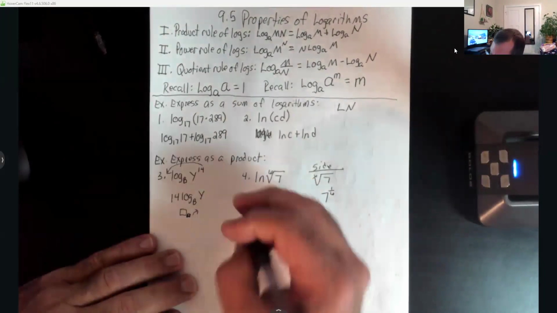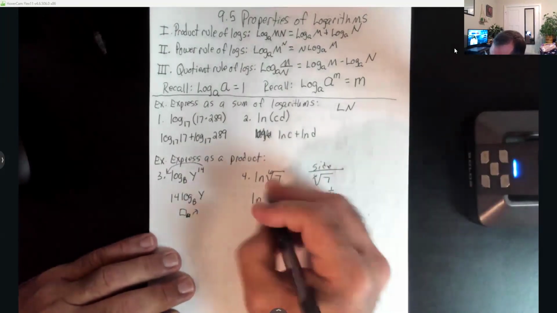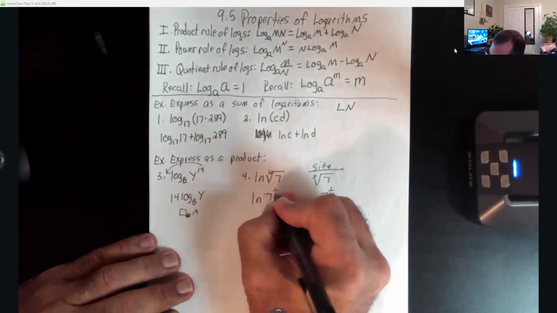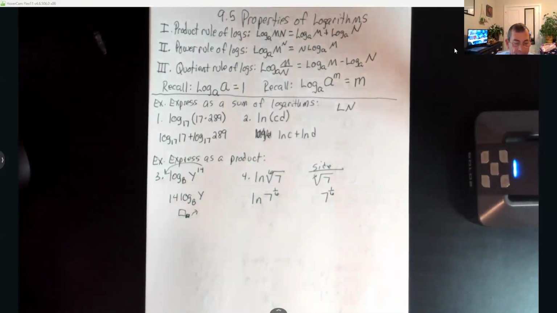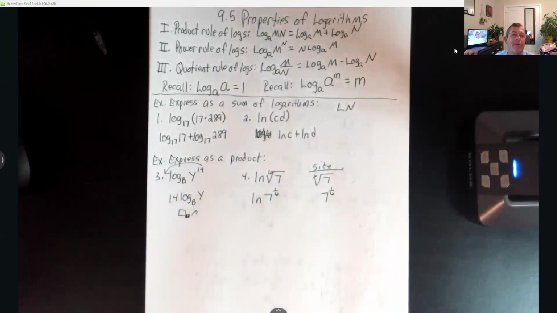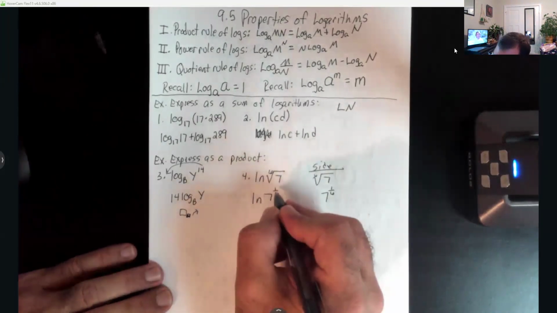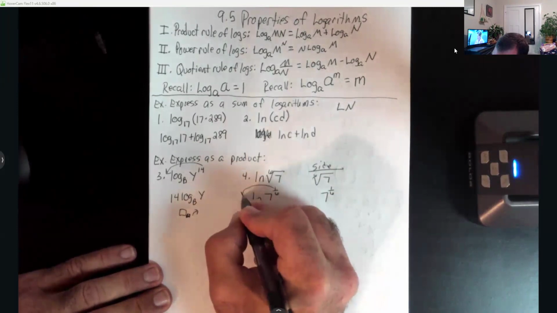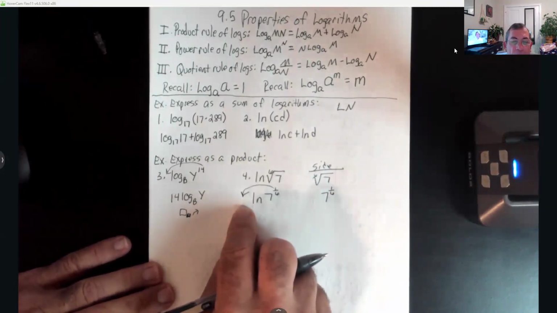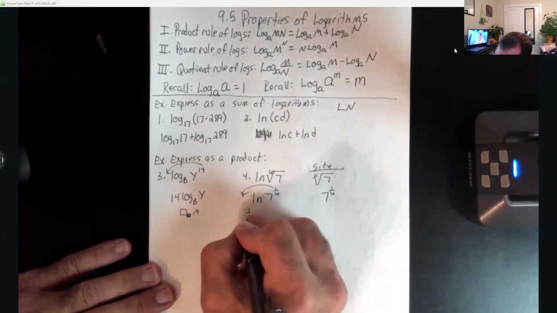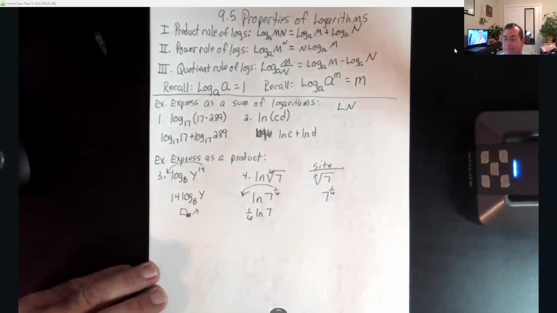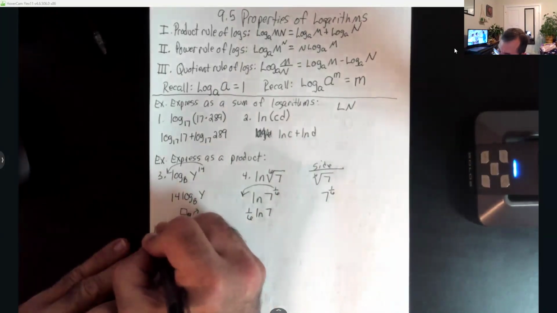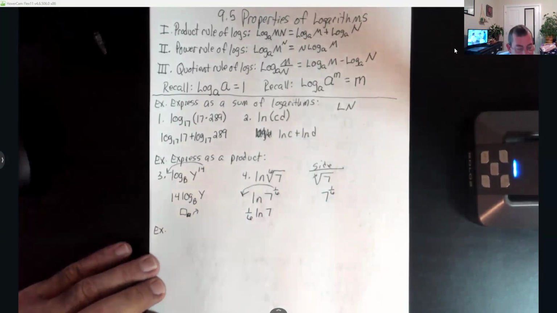So y'all, this is really ln of 7 to the 1/6. So you got one move now, and that's to take this 1/6, and we're going to pull it to the front and get our product. So we get a 1/6 ln of 7. Hey, also not bad.